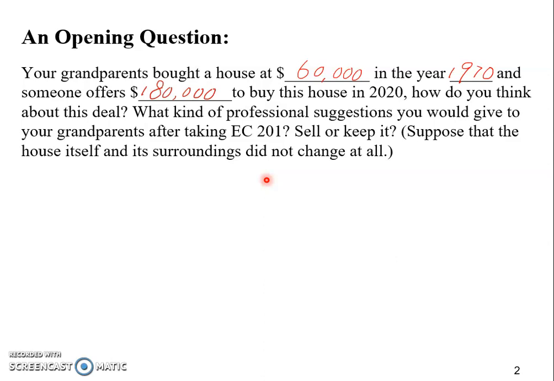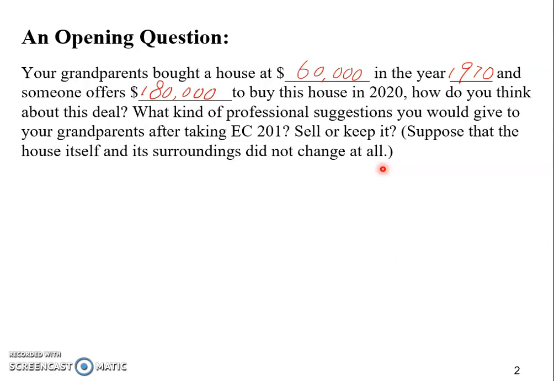Now here, the first thing we need to clarify is we are assuming that the house itself and its surroundings did not change at all. We make this assumption to simplify the analysis. So you don't have to worry about any renovations they have done to the house, or if there's any kind of commercial development in the neighborhood.